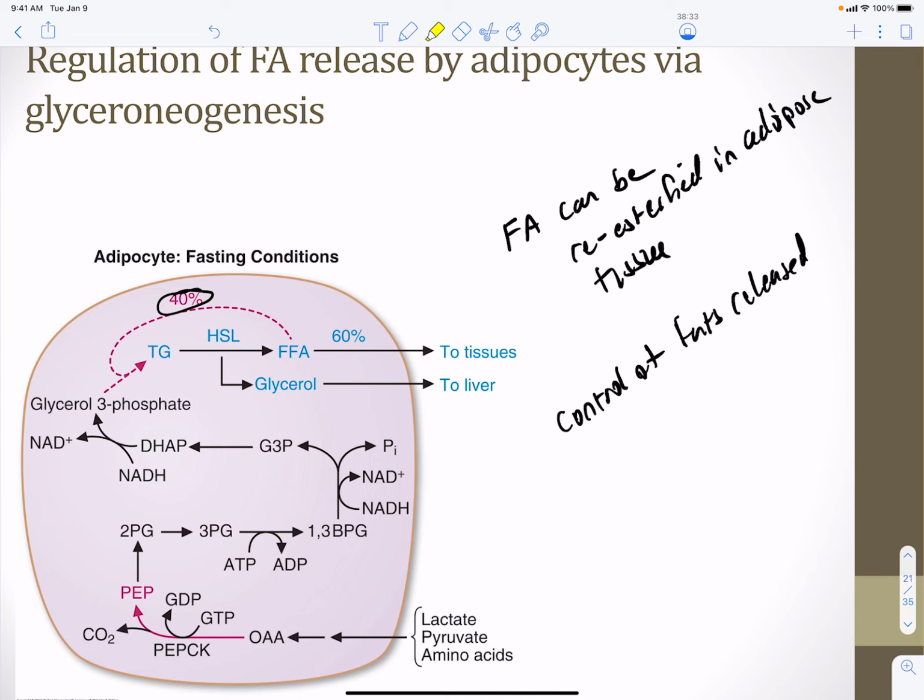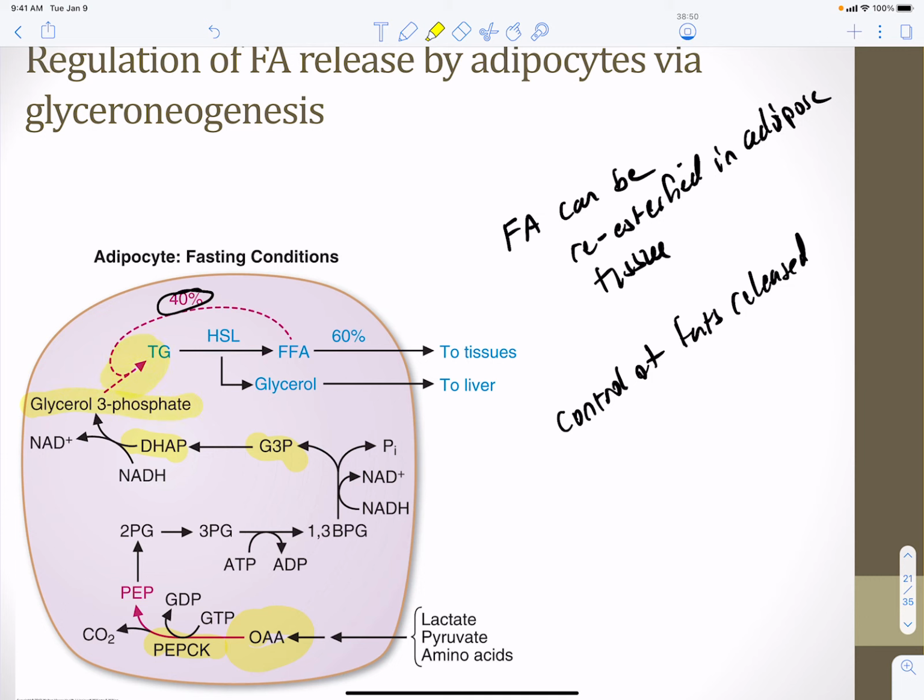It's not really showing that, but anyways, so we have our oxaloacetate for PEP carboxykinase, and then this is eventually going to go to DHAP, make glycerol 3-phosphate, and then you can make more TAGs.